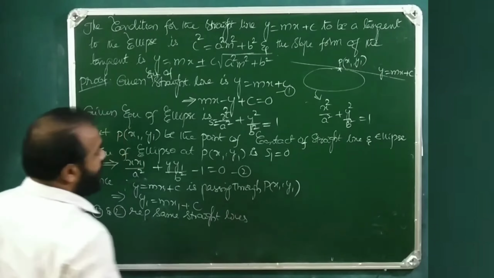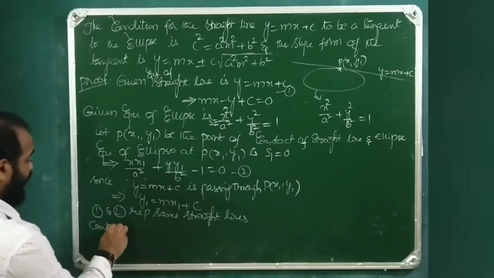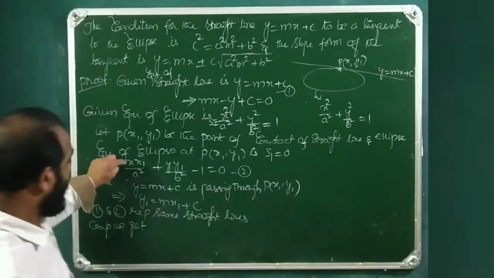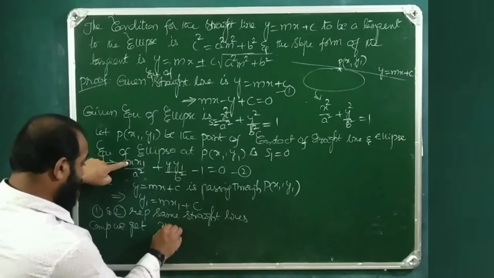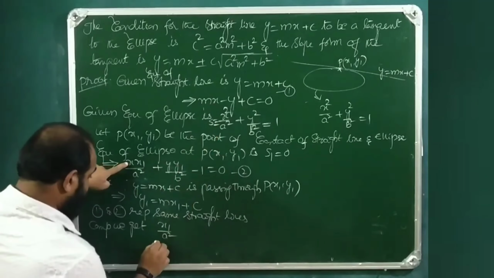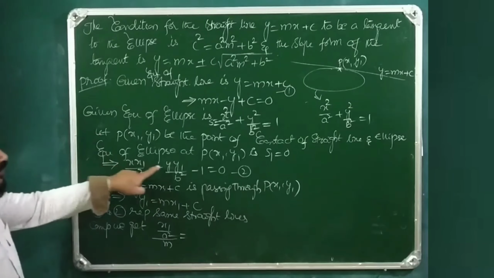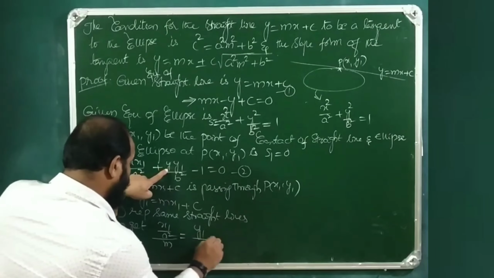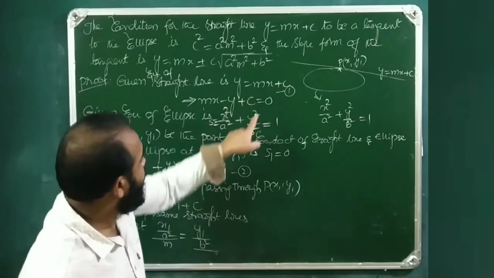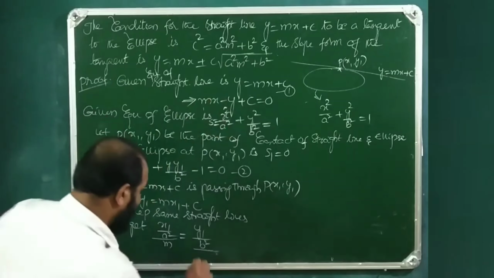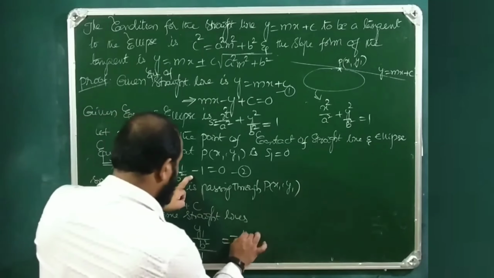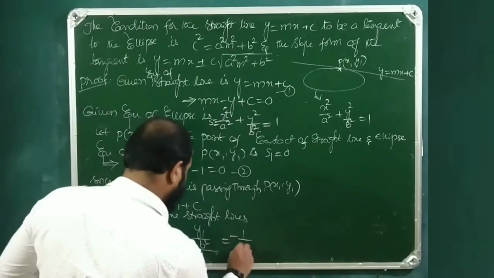So let us compare. Comparing, we get: coefficient of x is x1 by a square by m, equal to the coefficient of y, y1 by b square by minus 1. The y coefficient is minus 1 here, and the constant here is minus 1 by c.